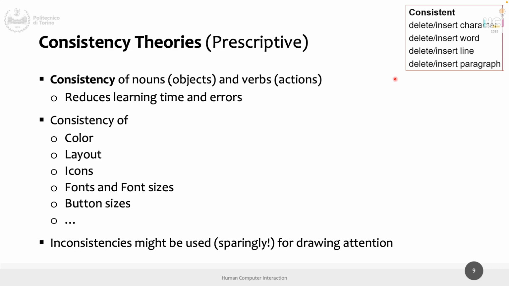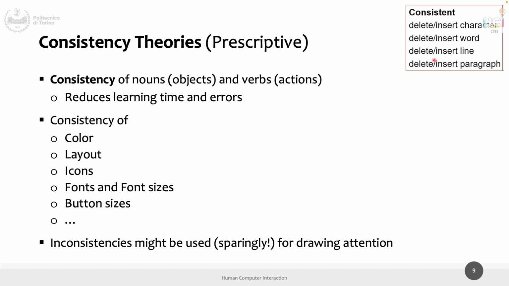A prescriptive theory is instead the consistency theory. There is a set of theories that say that consistency is generally good. Consistency could be consistency of color, of layout, of icons, of font size, of button size, etc. And consistency could also be nouns and verbs, objects and actions, because consistency within an application or across a family of applications reduces learning time and error.